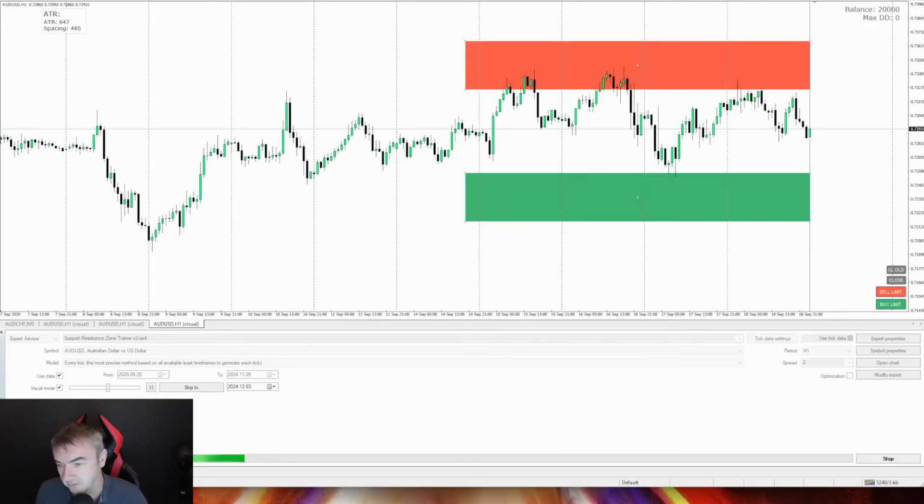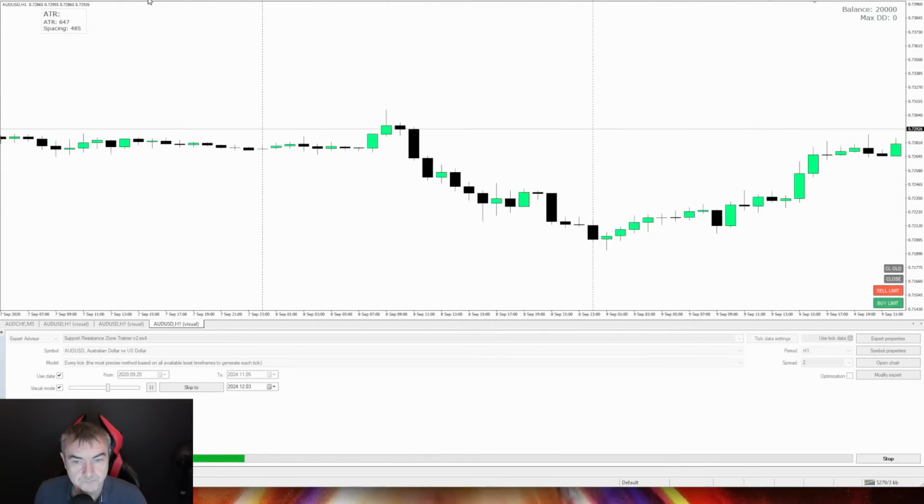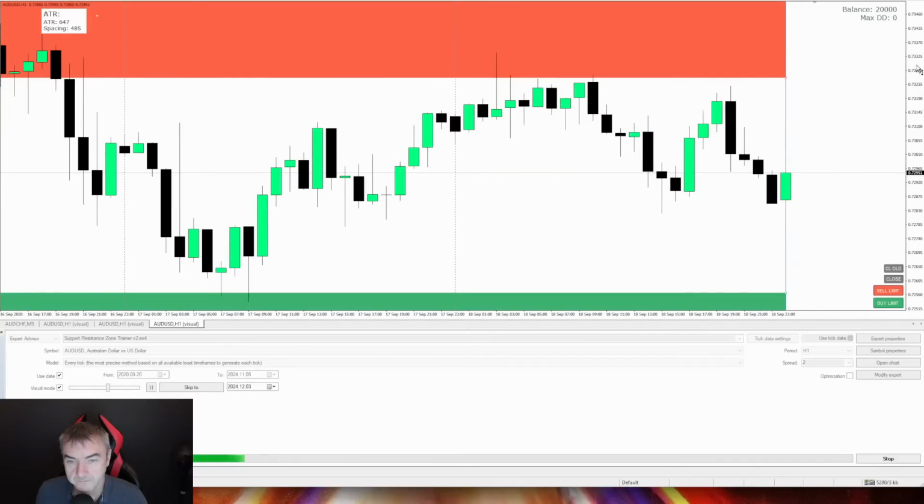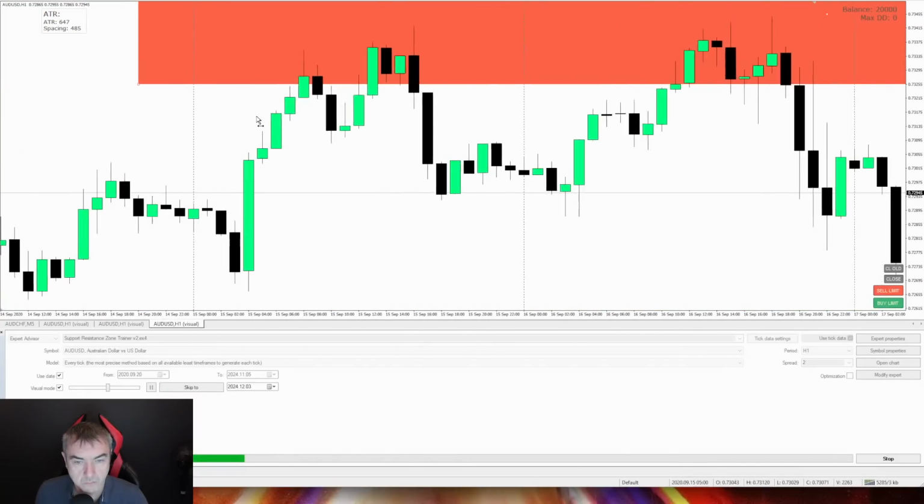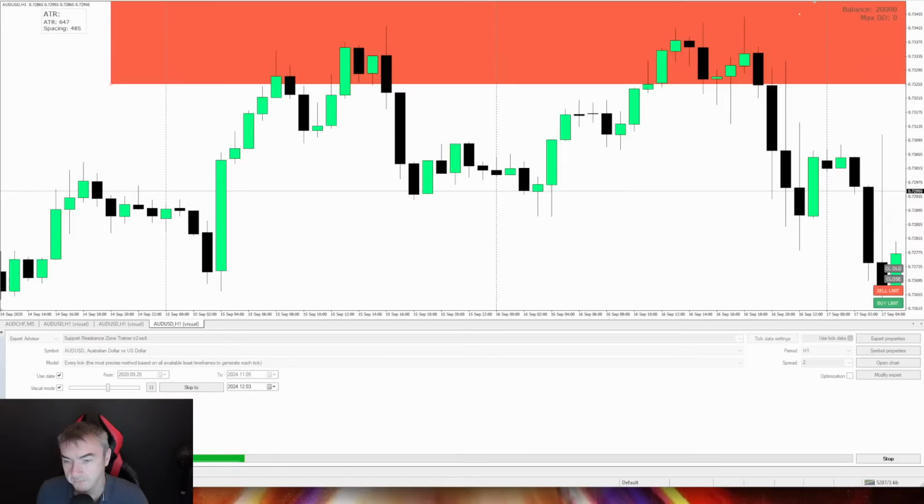Let me zoom in. Can't quite see it, can you? So there's a good example. So candle opens inside the zone and closes outside the zone. So the other version is that we had there, for example, the high is inside the zone and the close is outside the zone.